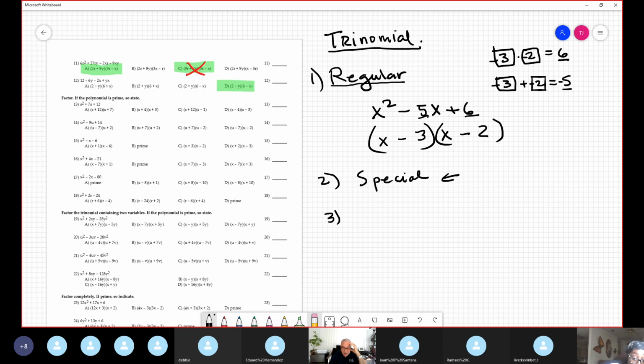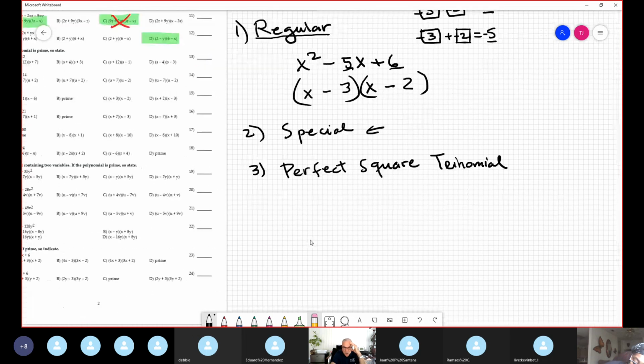This is easy. It's the perfect square trinomial. A perfect square trinomial is, for example, when you have this situation. Look, suppose x squared plus 4x plus 4. Well, I have no idea.